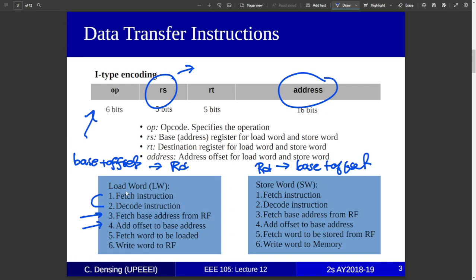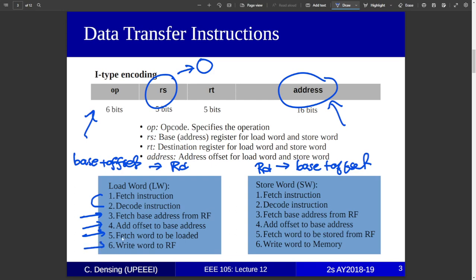And then adding the offset to the base address, we need to find a way to put this hard-coded address inside the instruction into the ALU so that we could add it to RS, which is going to be in read data 1. And then after that, we fetch the word to be loaded. So we put that base plus offset into the data memory, from which we can read some data, and then we put that into write data for the register file.